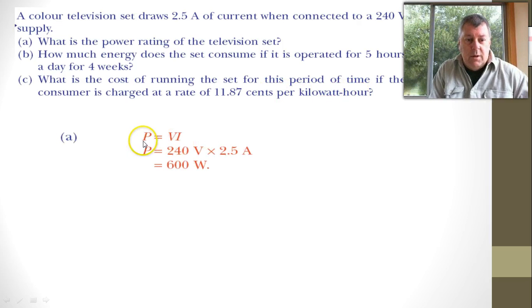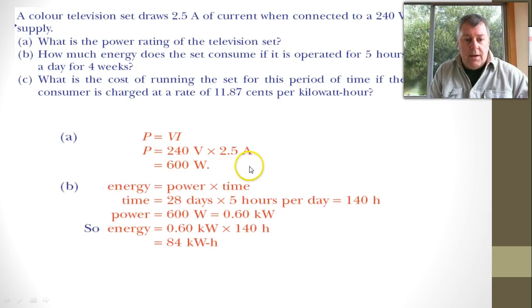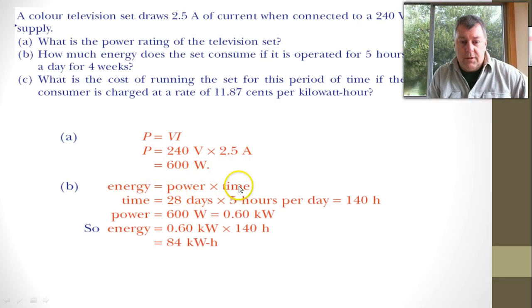So first one is just using P equals VI. You get 600 watts. And so the energy equals the power times the time. The time is 28 days at 5 hours per day, so 140 hours.